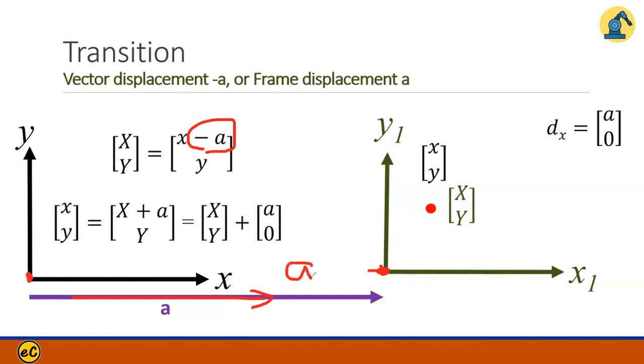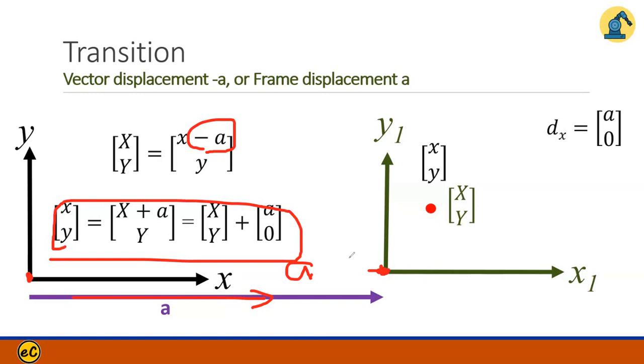This is the A difference, but this point is the same point. The original is called small x, y. The new coordinate using the new frame is called big X, big Y. So this is big X, big Y, and small x, small y's relationship.